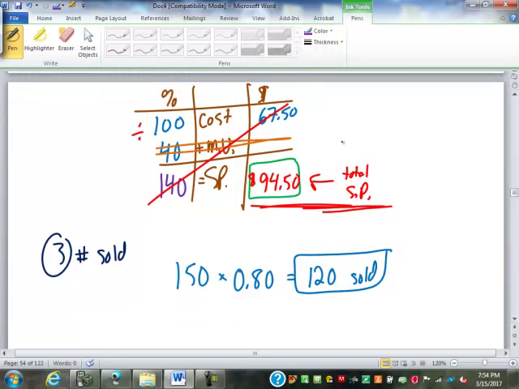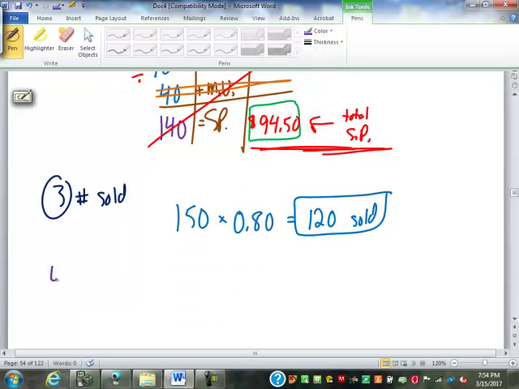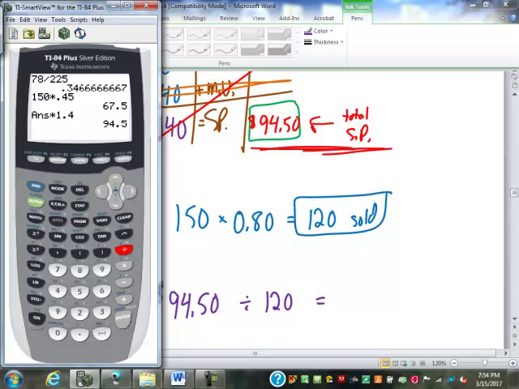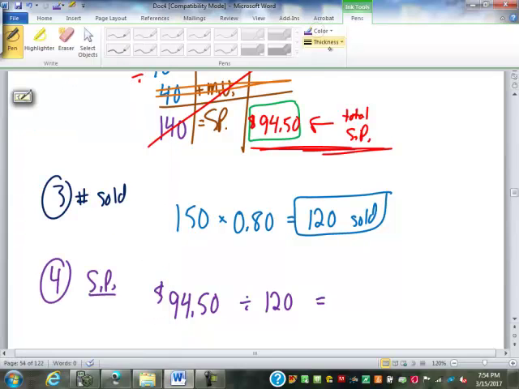Step 4. 94.5 divided by 120. Got to find that required selling price. So it's the total selling price of $94.50 divided by the 120 loaves that sell. It's 78.7, so 79 cents. What those loaves would be sold for.